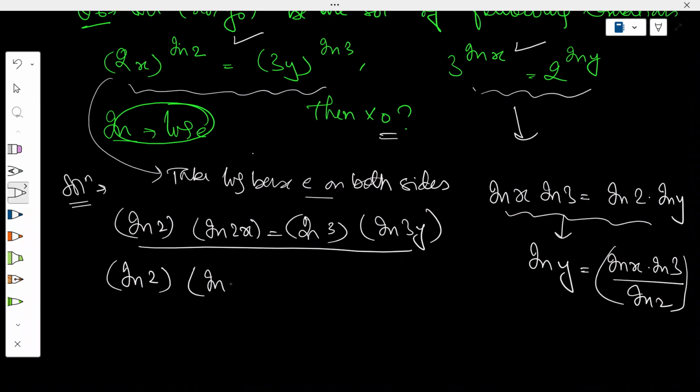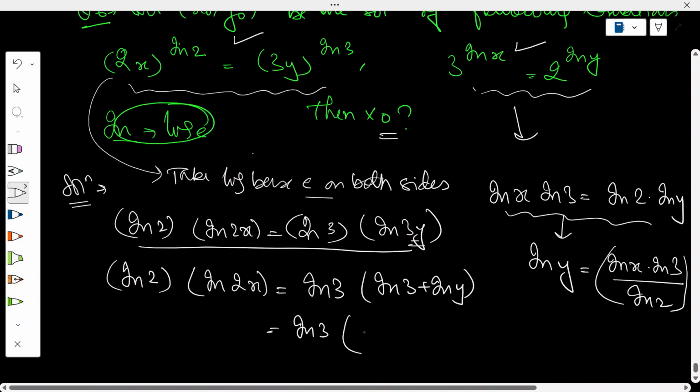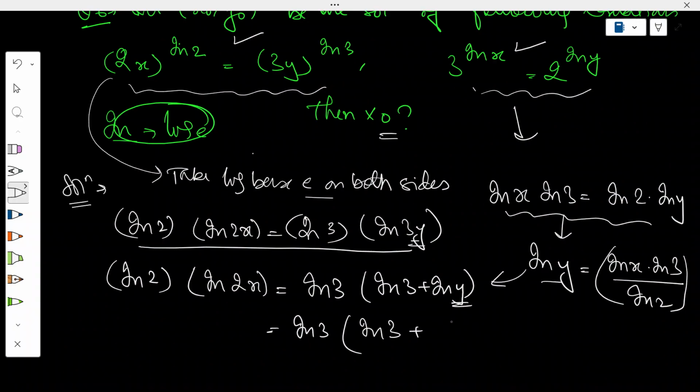Here we have ln 2x equal to ln 3, and this we can write as ln 3 plus ln y, because of the property that log AB equals log A plus log B. Then we can put the value of ln y from equation 2 in equation 1.